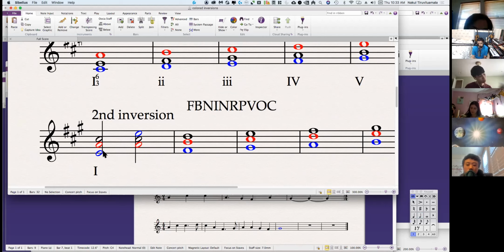So using the red note, we figured out what we needed to know about the scale degree. Now using the blue note, we've got to figure out what we need to know about the inversion. So the blue note occupies the second position of the root position variant, right? Which means that, this is the first position, this is second position, this is root position, so this means we're in second inversion, right?